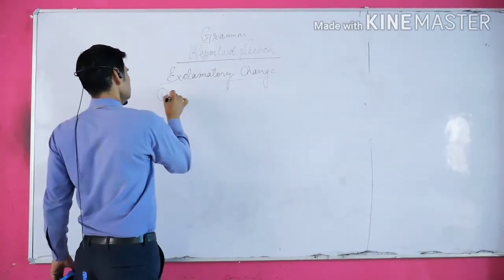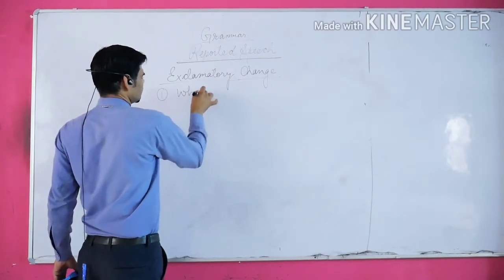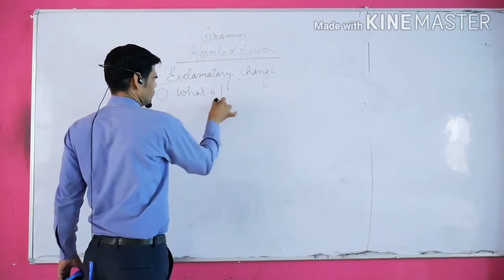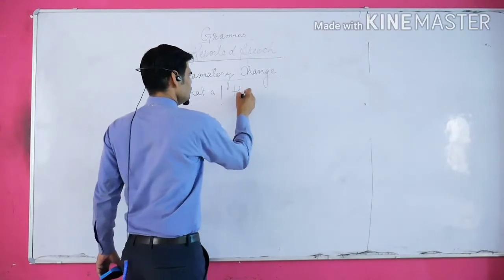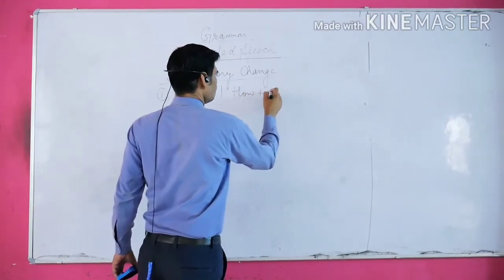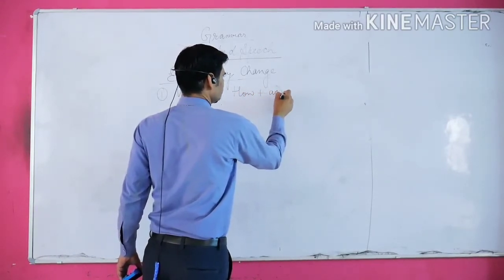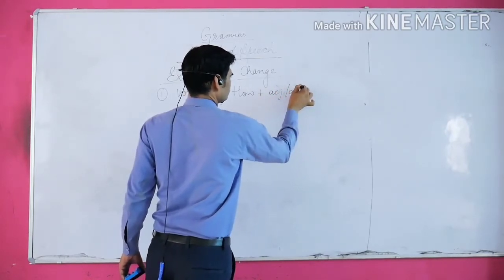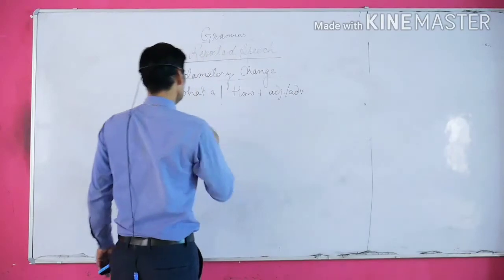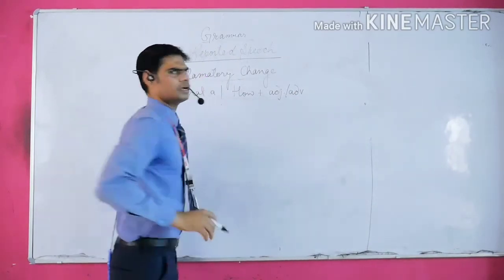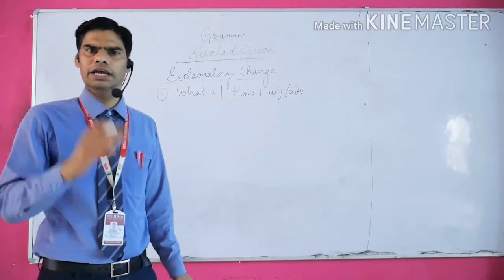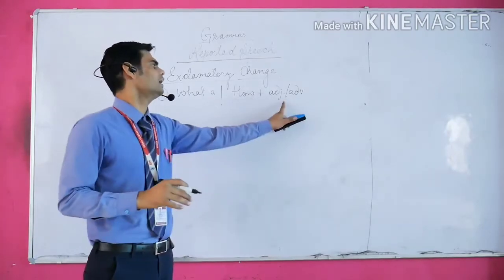First one, whenever we have what a, when we have how, but with how we have adjective or adverb. Look, what or how, we have question word, but here we have exclamatory sign.